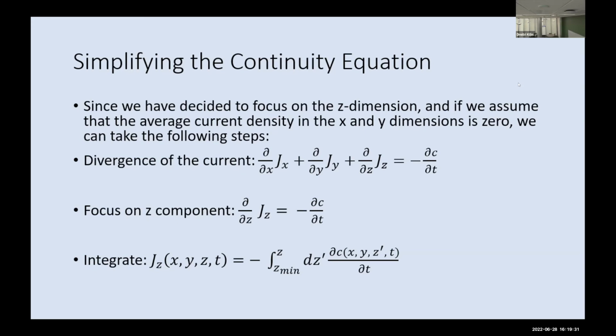Going from your first to the second, that required those derivatives to be constant. For this to be true, assuming that Jx only depends on X and Jy only depends on Y. Do you have any motion of charge in the Y and X direction, or is it only in Z?